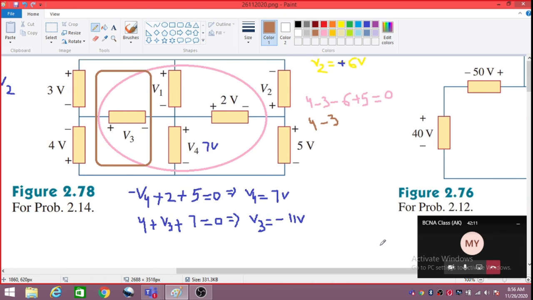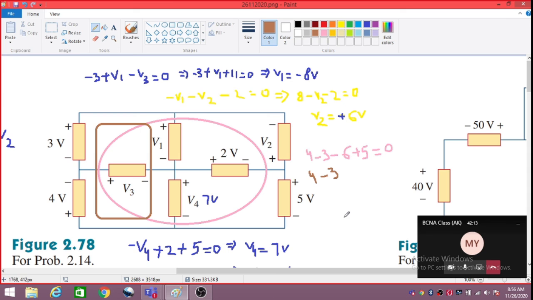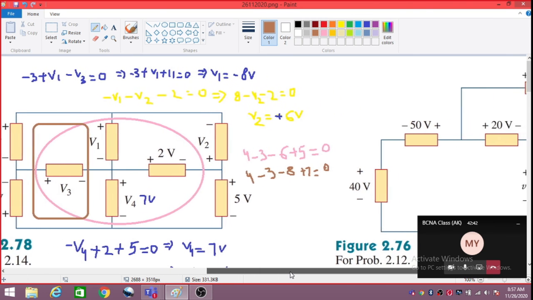V1 was -8, because here we are entering from plus and its sign is minus. Okay, so then plus 7. Does it come out to be 0? Yes, sir. Okay, so KVL can be verified like this also.